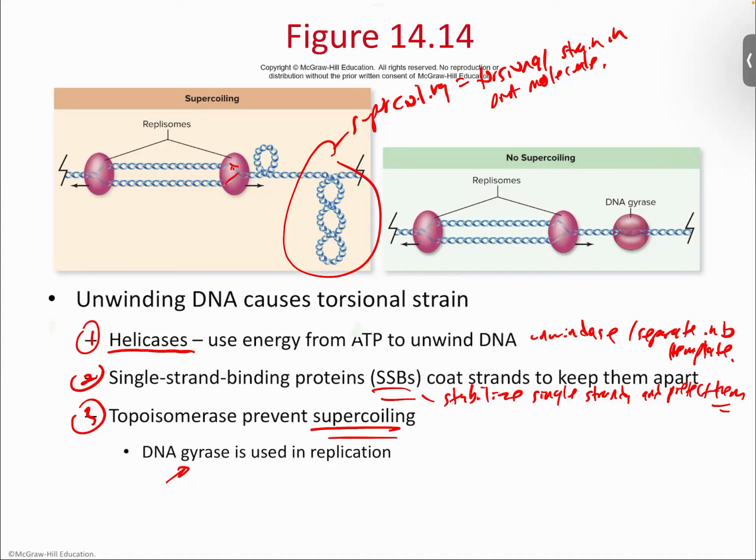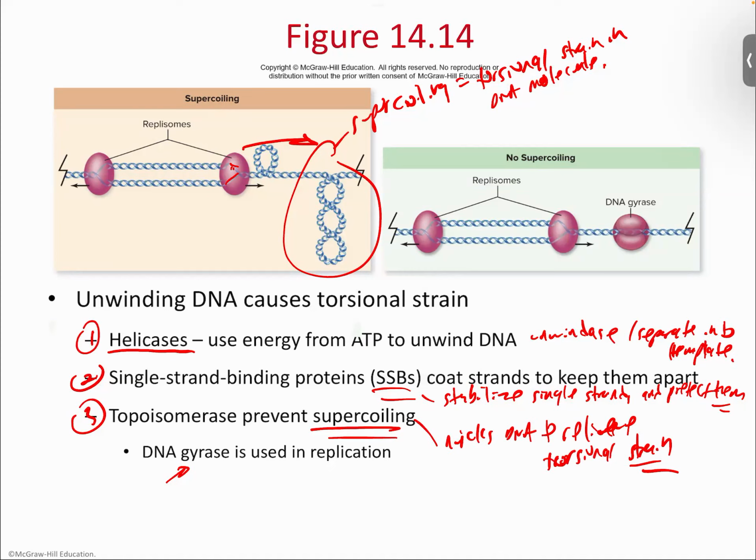So topoisomerase is moving ahead, and what it does is it nicks the DNA to relieve that torsional strain. Not torsional stain, torsional strain. Right? So that's what it does.